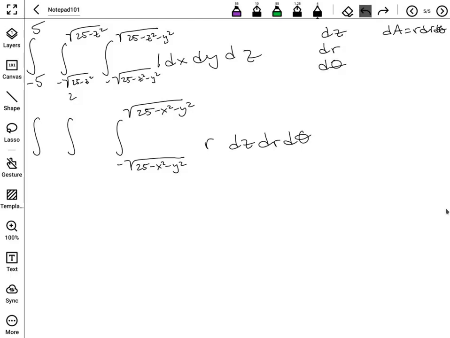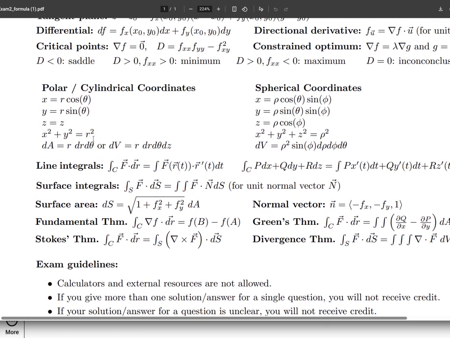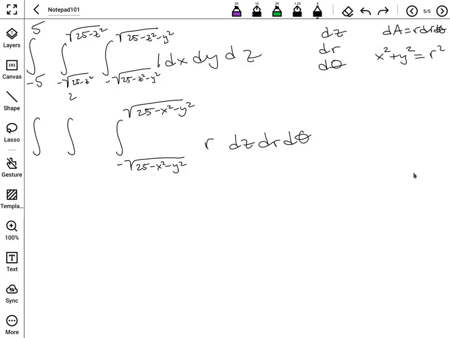Instead, I want to be in terms of r and theta, so I need to remember that x squared plus y squared is r squared in polar coordinates. That is the kind of thing that would be on your formula sheet right here. So instead of 25 minus x squared minus y squared, I just have 25 minus r squared.